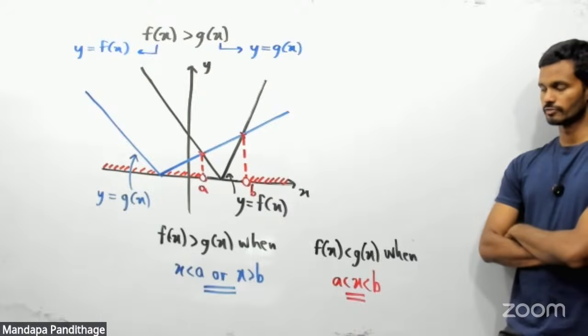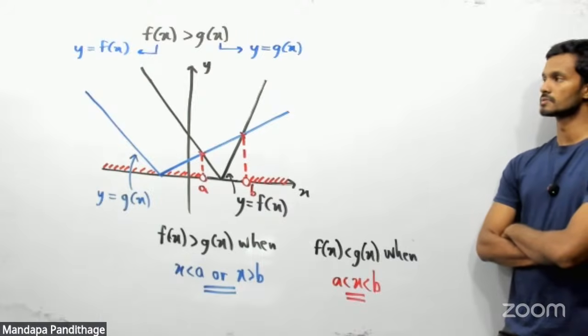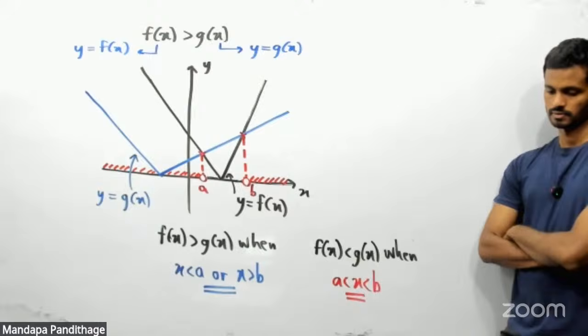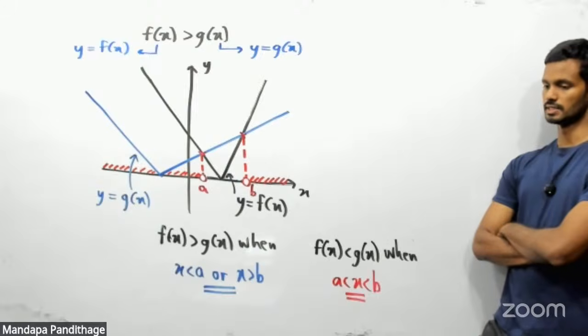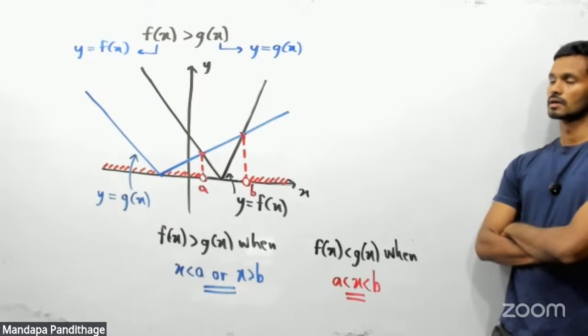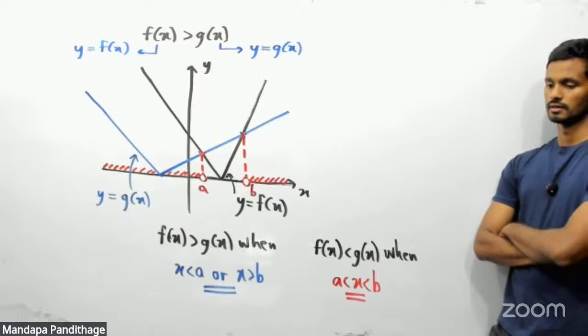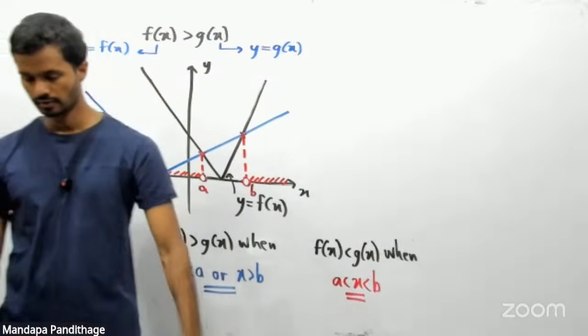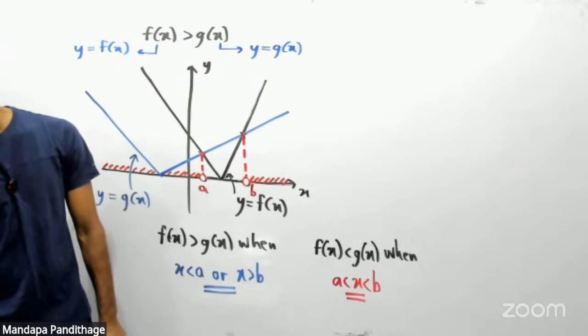Draw the graphs of the functions which can be seen on both sides of the inequality on the same Cartesian plane.